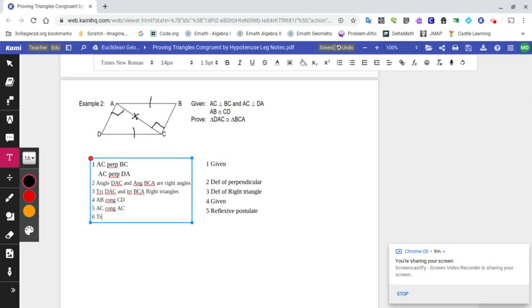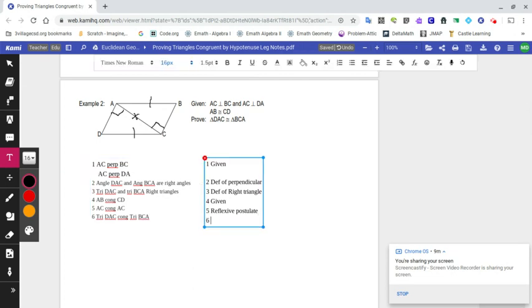Step 6, triangle DAC is congruent to triangle BCA, HL congruent to HL. That's it. Again, the key to this is stating that the two triangles are right triangles. If that is not in there, you will lose points on a hypotenuse leg proof. You must establish the right angles, which makes the right triangles, and then you're free to go ahead and use hypotenuse leg. So make sure you've got that order of statements down correctly.